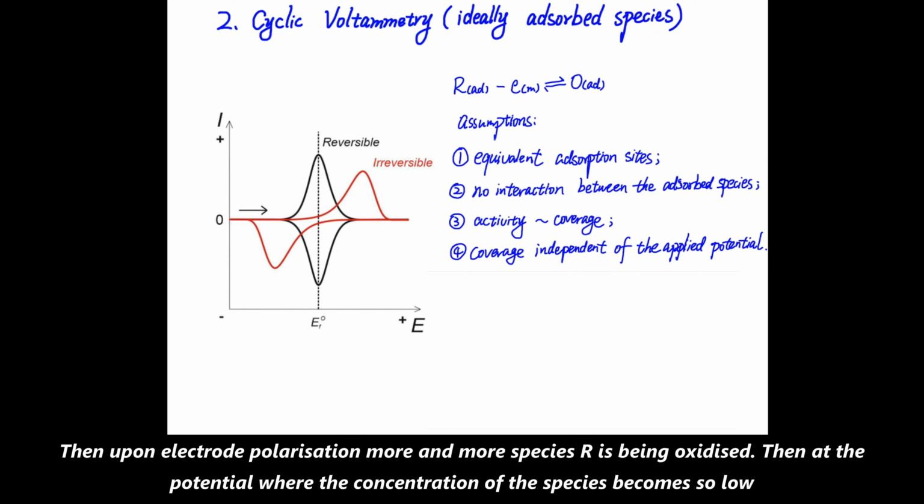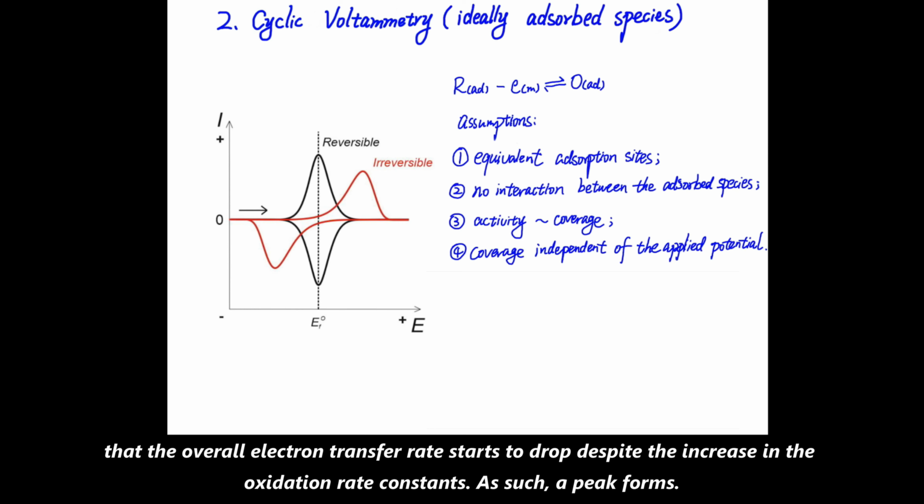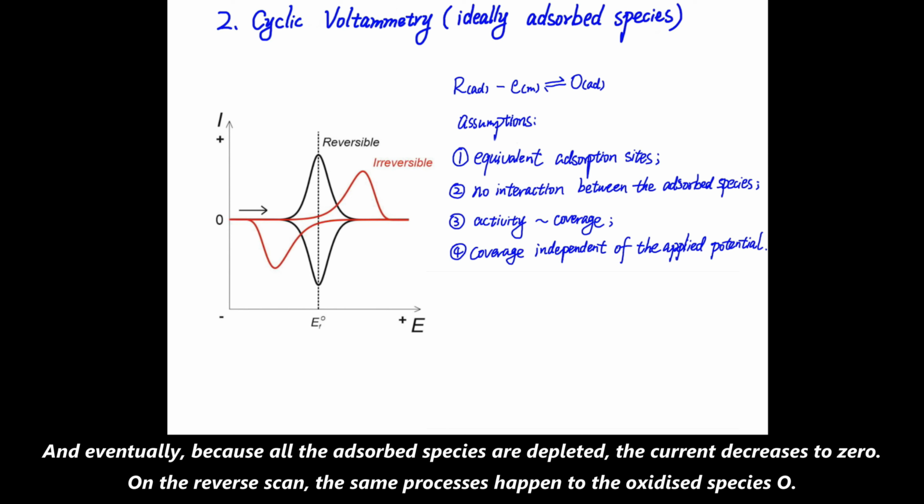Then at the potential where the concentration of the species becomes so low that the overall electron transfer rate starts to drop despite the increasing oxidation rate constant, a peak forms. And eventually, because all the adsorbed species are depleted, the current decreases to zero.